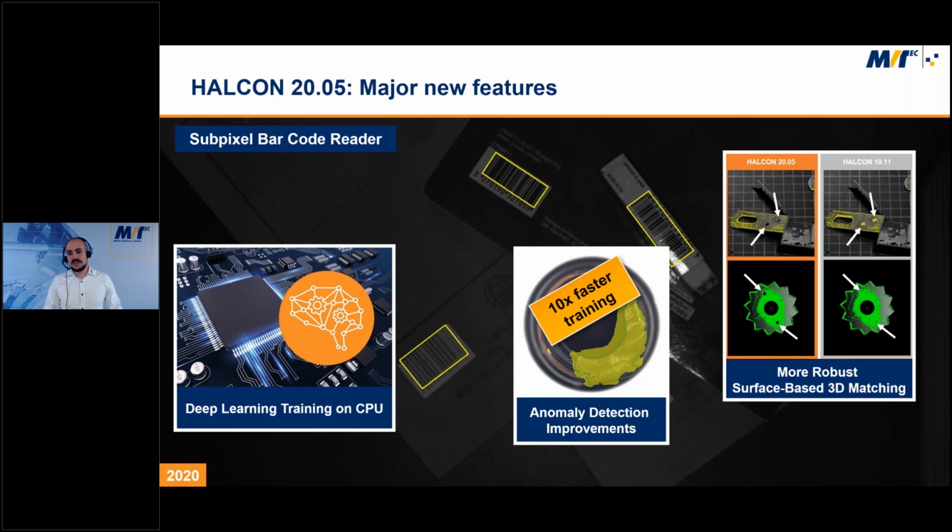Besides that, we opened up the hardware capabilities for deep learning, as we are now able to train all deep learning technologies available in HALCON on CPU. You might think, okay, the training takes ages, you need a lot of images, is it even practical? Yes, it is.